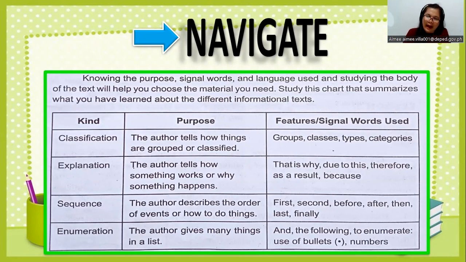To enumerate, use of bullets and numbers are used. So I guess you already know the different kinds of informational text.